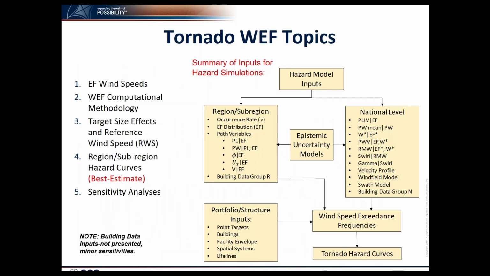In the next part, I'm going to talk about how we develop the EF scale wind speeds, show some of the wind speed distributions, then the methodology for wind speed exceedance frequency, and then show some of the hazard curves.